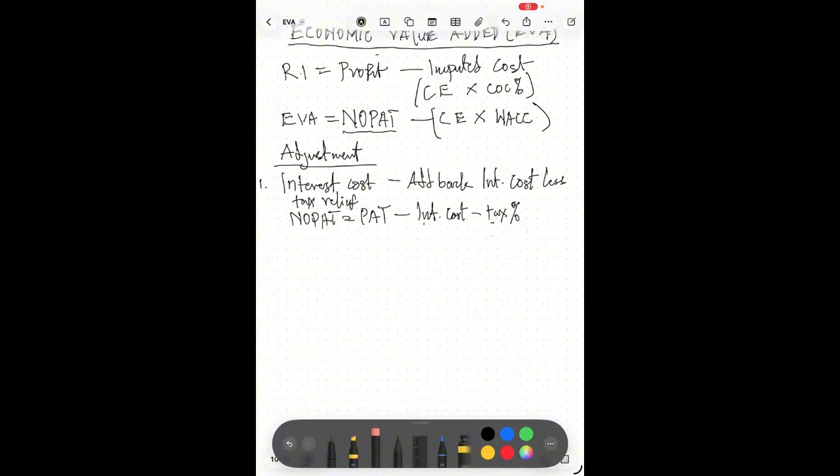I put this in brackets. So this is the calculation. The next adjustment you need to do is on depreciation.